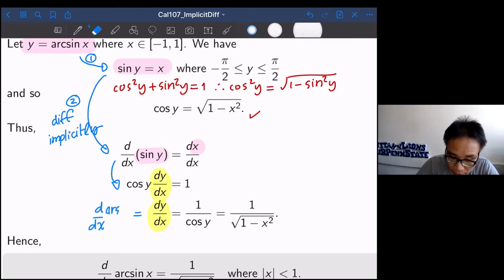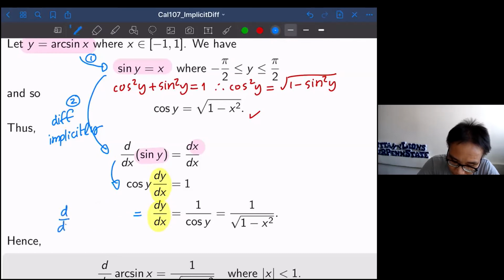So this becomes d/dx of arcsin x, because y equals arcsin x. Don't forget that.